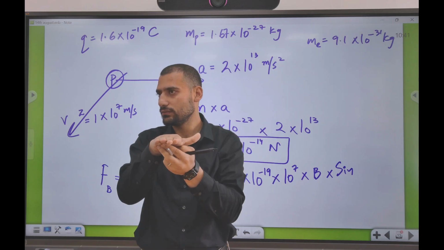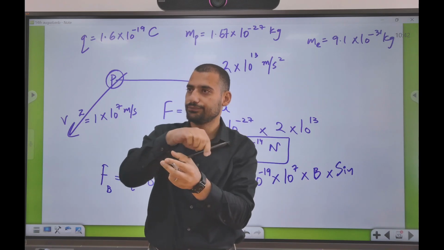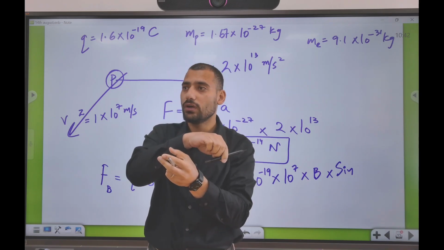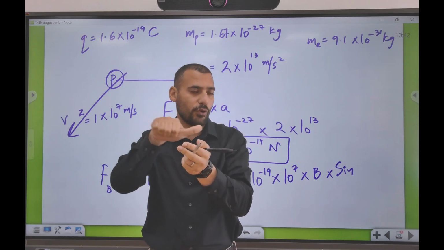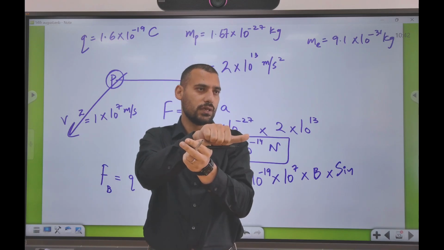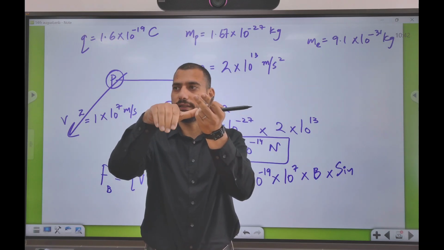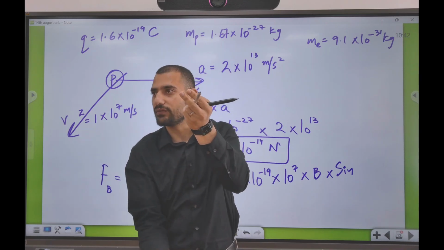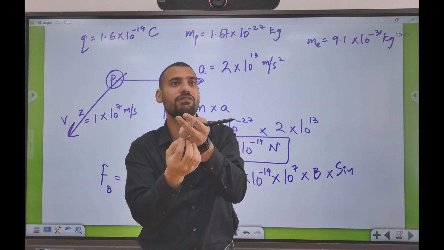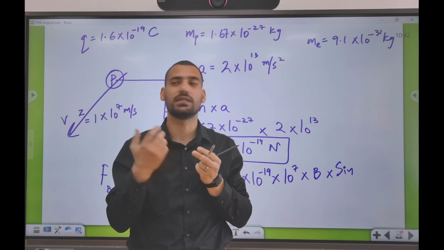Because the magnetic field is along the positive x-axis, the thumb has to be here. Point your thumb towards the force, point your fingers towards the velocity. When you try to curl it, the magnetic field has to be somewhere here, so the magnetic field is along the negative j-axis. That means it is the y-axis.